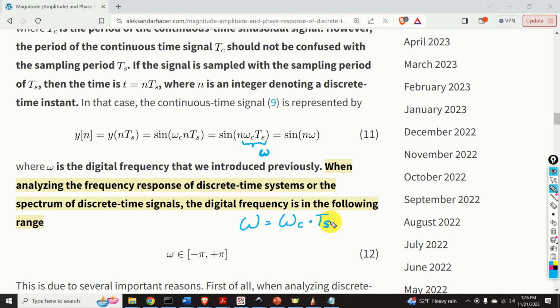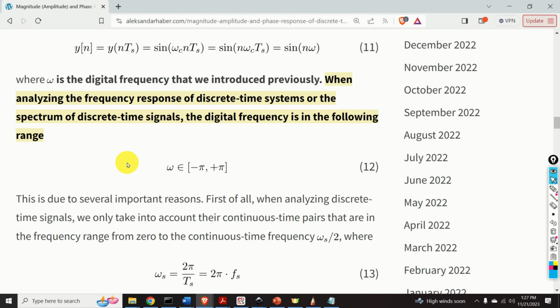Now, here is one very important thing to keep in mind. When analyzing the frequency response of discrete time systems or the spectrum of discrete time signals, the digital frequency is in this range, from minus pi to plus pi. This is due to several reasons.